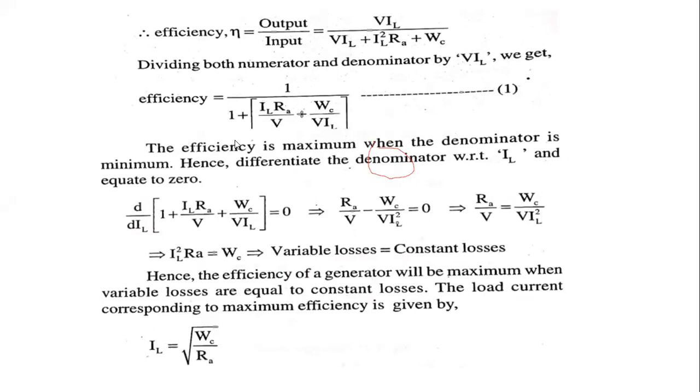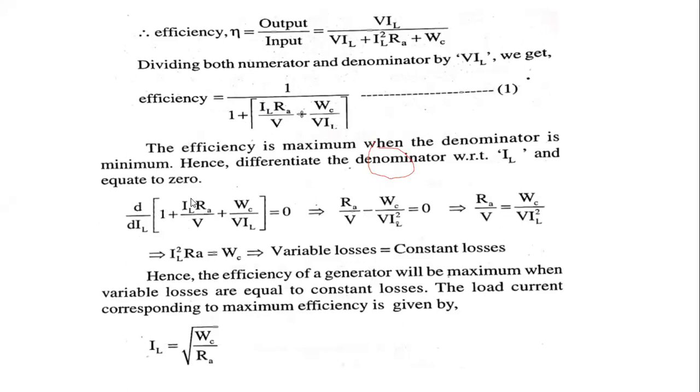The maximum efficiency occurs when we differentiate the denominator with respect to IL and equate it to 0. What is the differentiation? The derivative of 1 is 0.